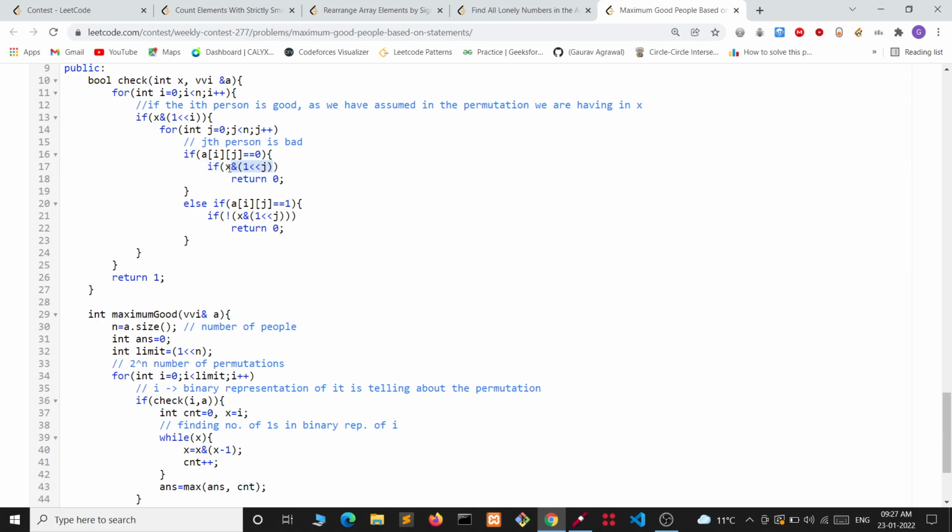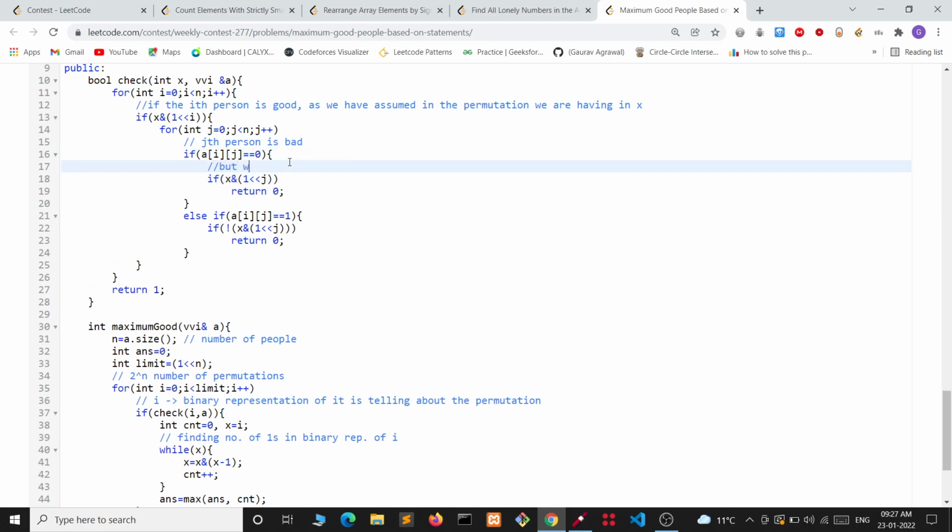And if we have assumed the jth person to be good, meaning x and 2 to the power j is non-zero, then there is a contradiction, so we are returning 0.